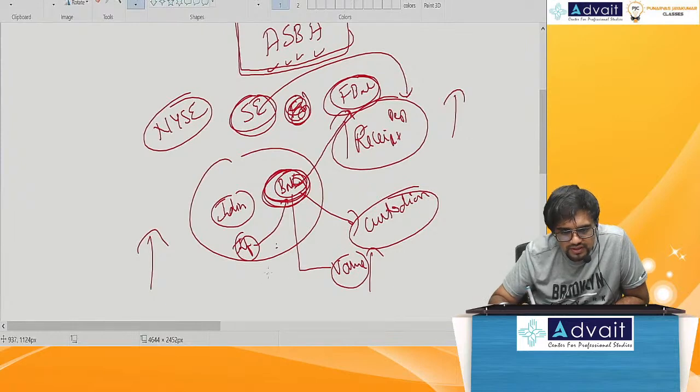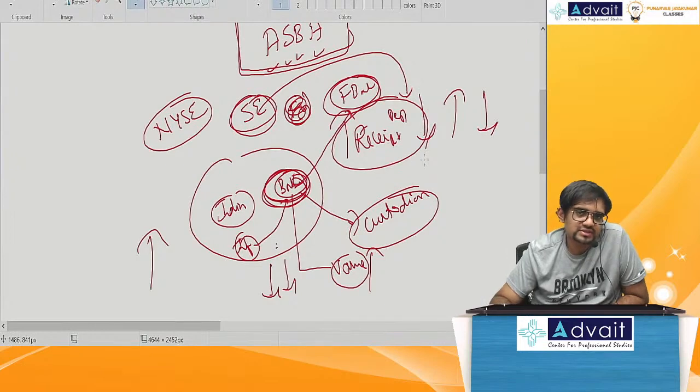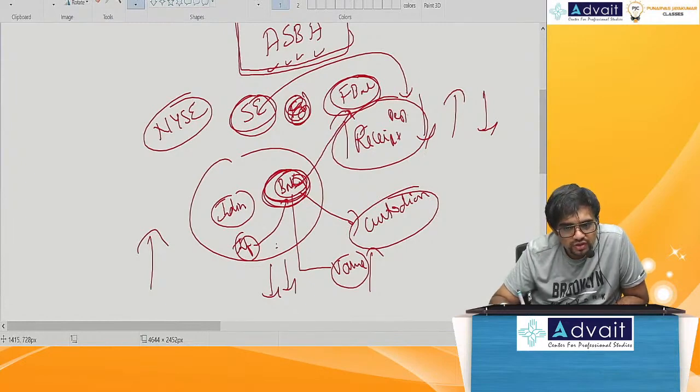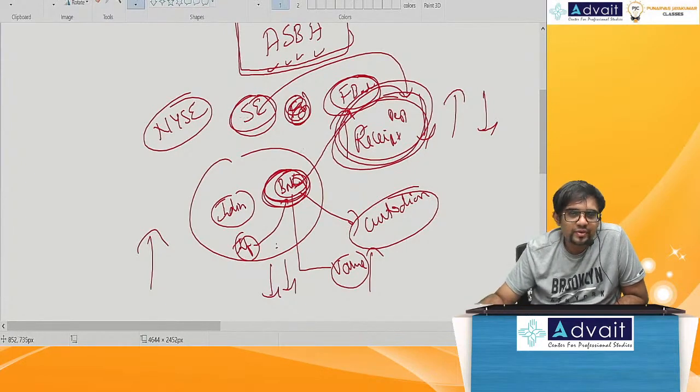The moment the value of the shares decreases, the depository receipt also decreases. Very, very simple. So this concept is called GDR, Global Depository Receipt.